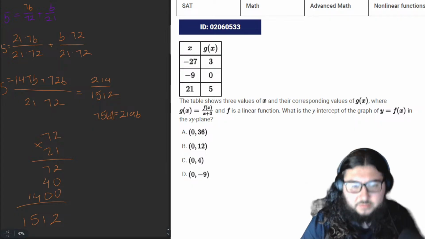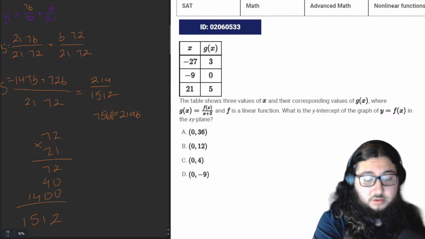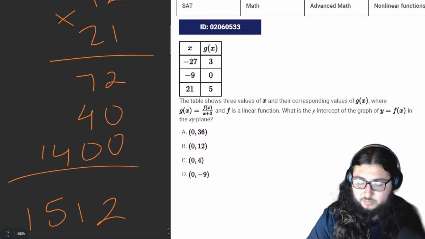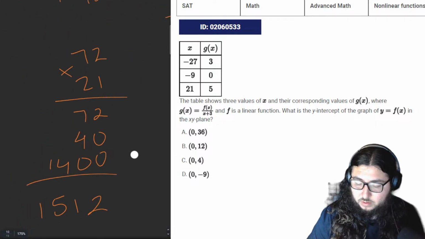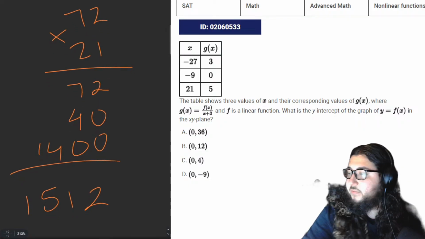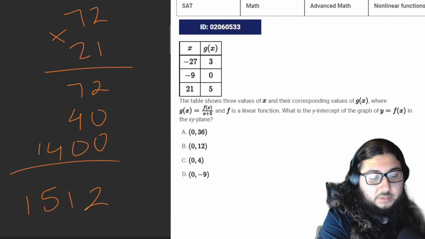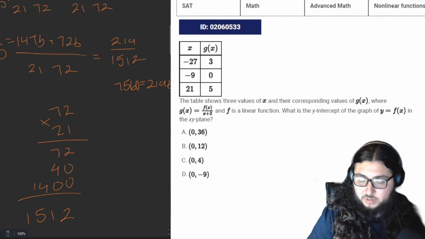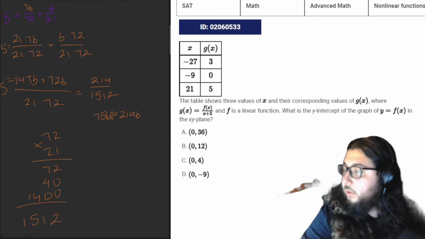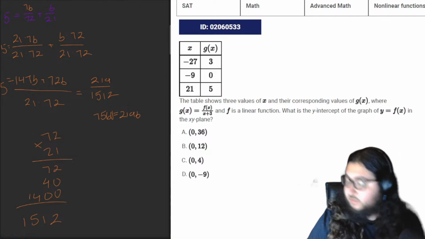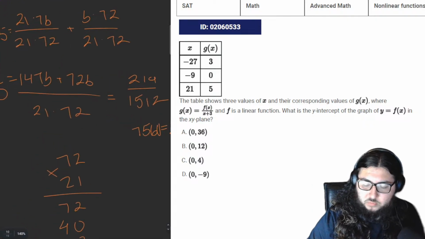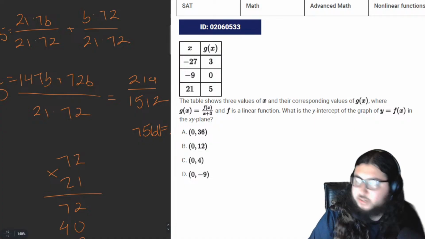Let's make sure that 72 times 21 is in fact this number. 72 times, you should always use a calculator unlike me, because you'll make silly mistakes like I did. 72 times 21, it is in fact 1,512, and this times 5 is in fact 7,560, and is 147 plus 72, 219.